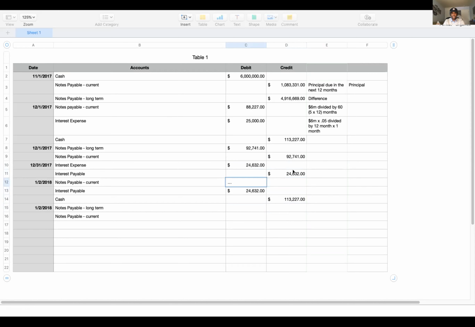The difference goes to my principal. This minus this. And then I have to move more from my long-term to my current, because my current always has to represent 12 months of activity. It was 93,128.